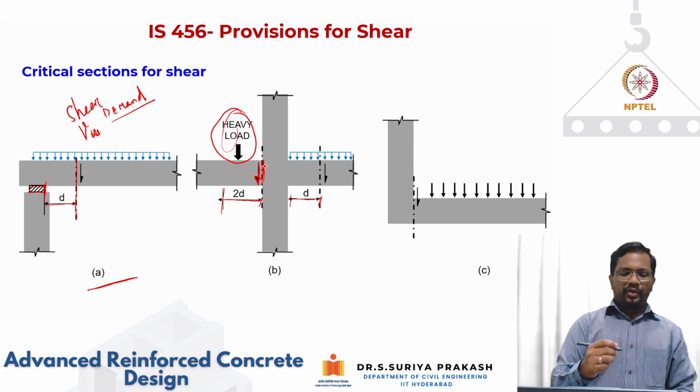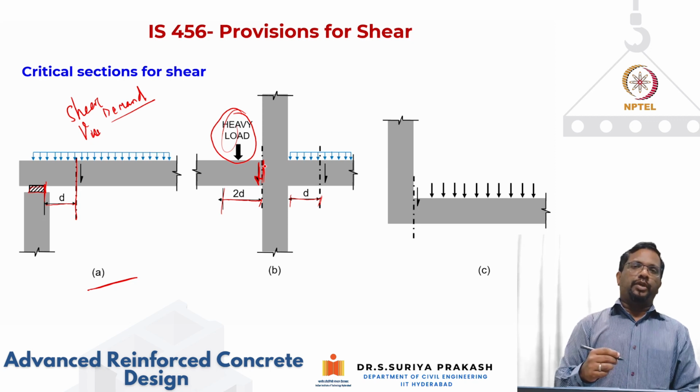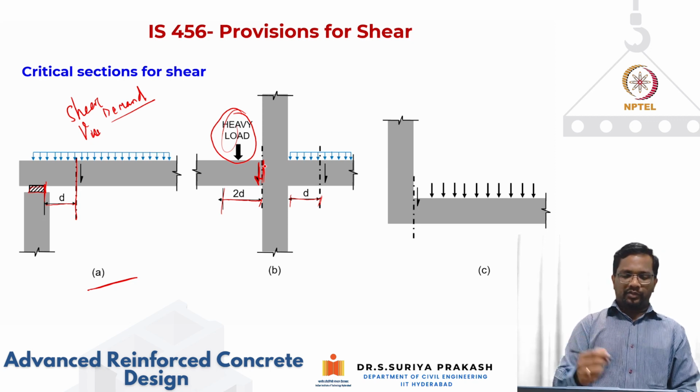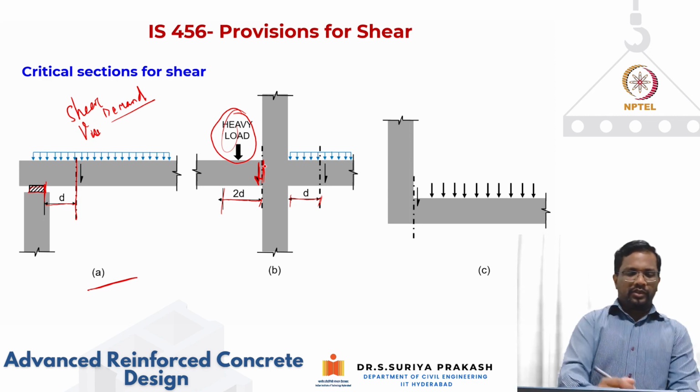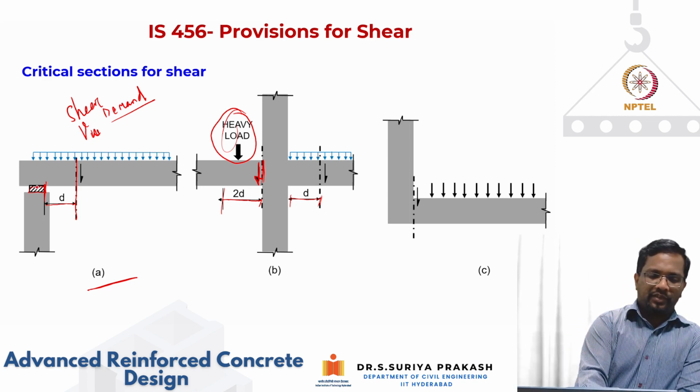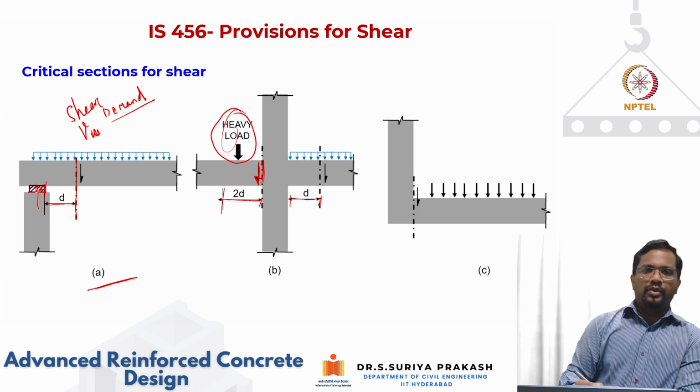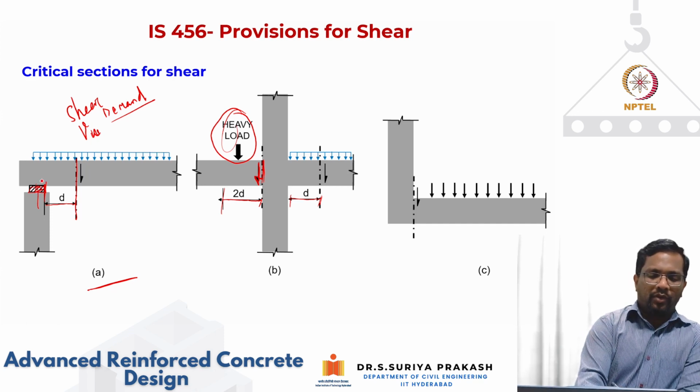Okay. Now you can ask me, why is it the code is asking you to calculate the shear demand at a distance d from the face of the support, not at the face of the support for the usual scenario, right? So there is going to be an axial thrust that is going to be coming from the support that is not going to allow the crack to form here. It is always the crack will form at a distance away from here like this.